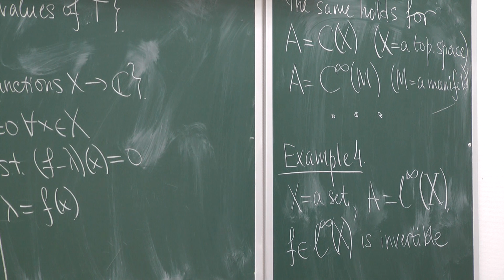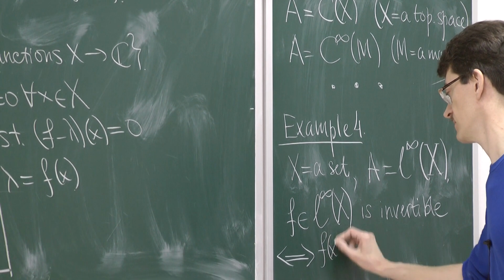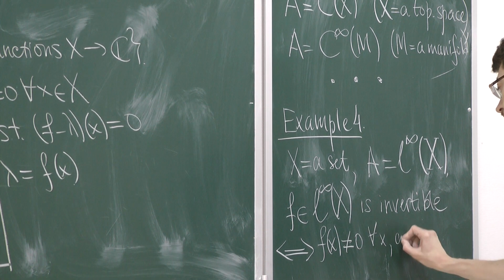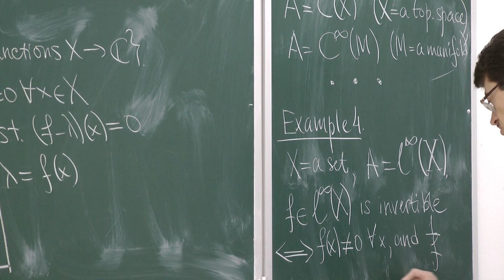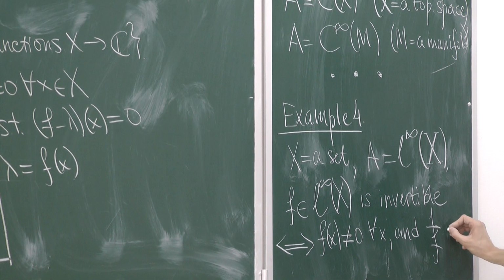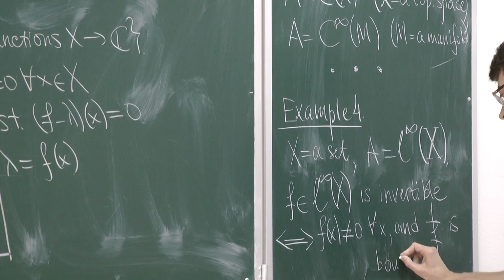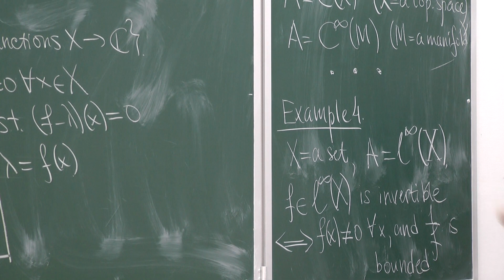Well, it is invertible only if f is non-vanishing. This is a necessary condition. But this is not the end of the story, because 1 over f should also be bounded. Otherwise, if it is unbounded, then f will not be invertible in our algebra.